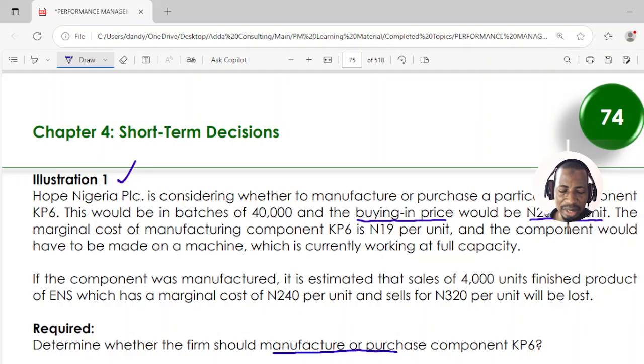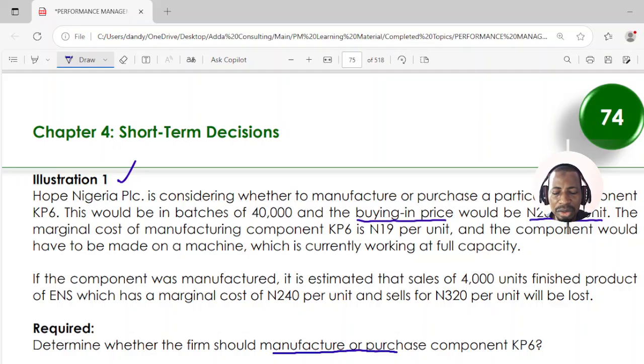So what this simply means is that you are given a marginal cost of 240 and a selling price of 320, and the difference between selling price and marginal cost represents a contribution. So if the component is manufactured, the company will lose sales of 4,000 units of finished goods ends. So in this case, that would be contribution loss or opportunity cost.